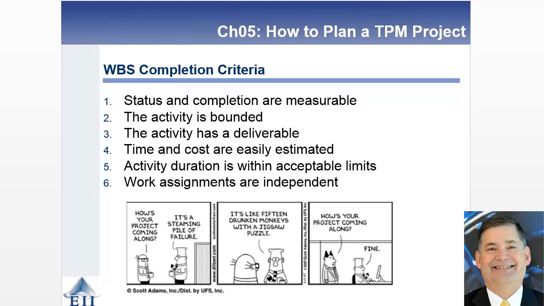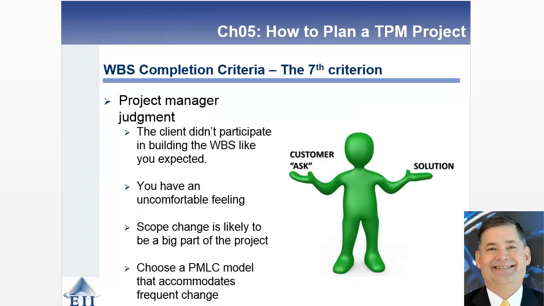The time and cost need to be easily estimated, and if not, you need to decompose it to lower levels where it does become easily estimated. Activity duration has to be estimated within certain limits, and each work assignment should be independent so that you can do the scheduling. If there are dependencies there, then again, you need to break that down into smaller level tasks so that you can build your network dependency diagram.